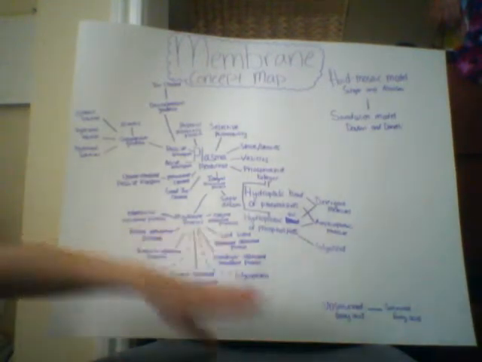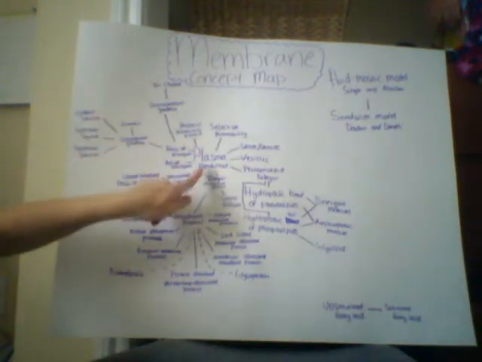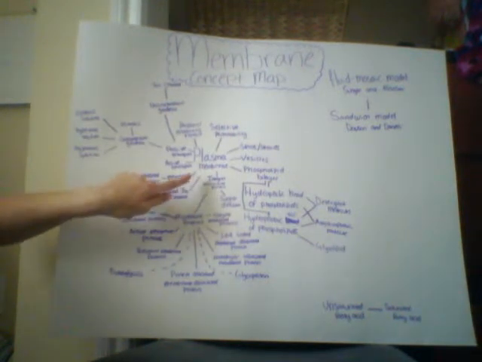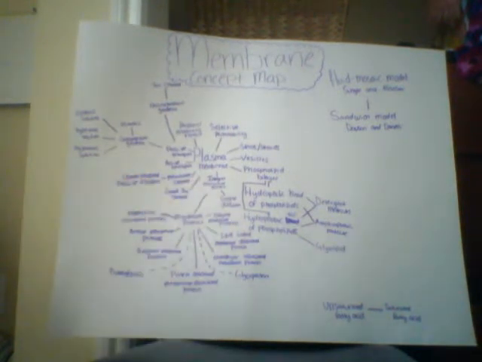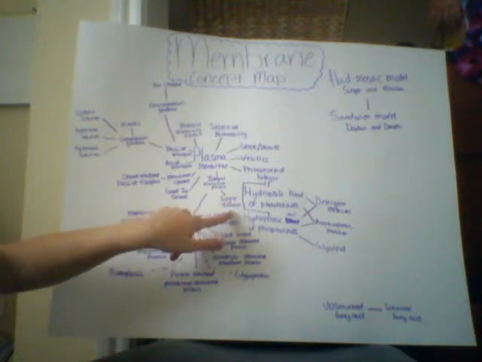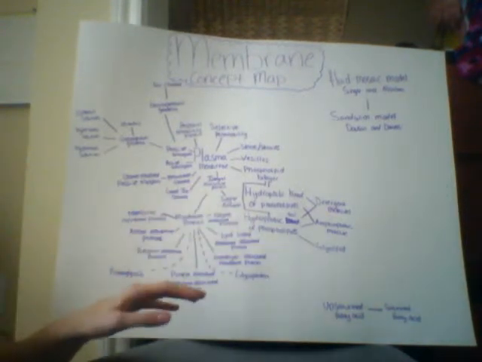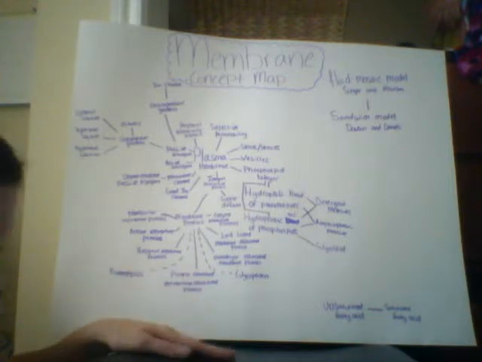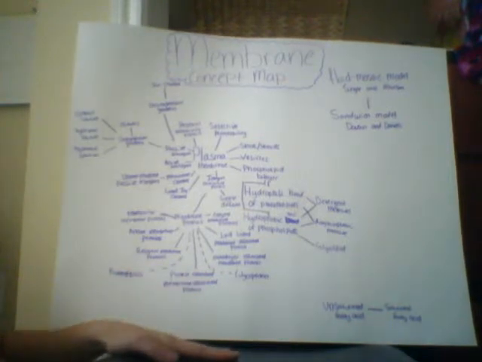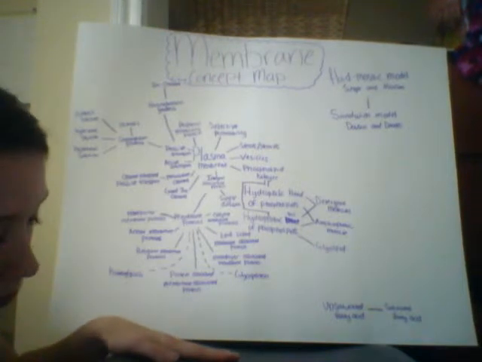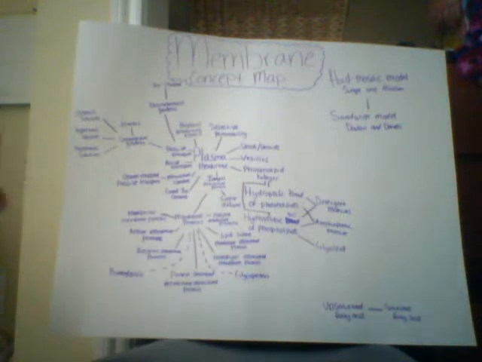Okay, and we'll go back up to the plasma membrane and go down to integral membrane protein, which is a type of protein that is permanently attached to the membrane. And then we can go down to simple diffusion, which is when a substance can pass through a membrane without the aid of an intermediary, which would be the integral membrane protein.